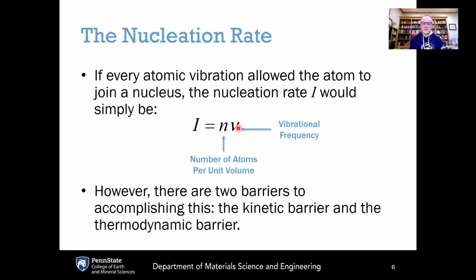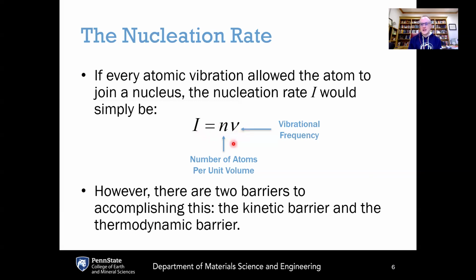So in other words, if every single vibration is a successful attempt to form a nucleus, then the nucleation rate is simply that number of atoms per unit volume times the vibrational frequency. And that would give you the number of new nuclei that form per unit volume per unit time.